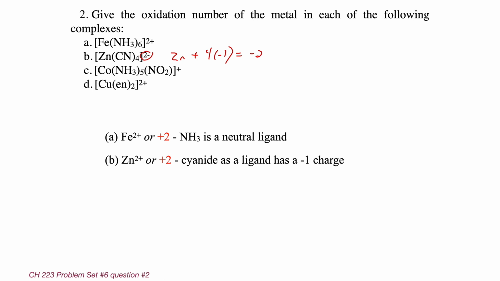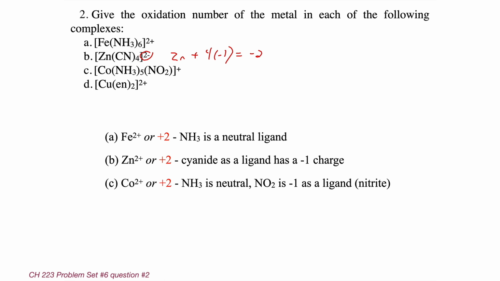All of that equals positive 1. And so if you do the math, cobalt here comes out to be positive 2. Ammonia is neutral. NO2 has a negative 1 charge. If you put the negative 1 on the other side, negative 1 becomes positive 1. If you add that to the positive 1 that's already there, cobalt plus 2.